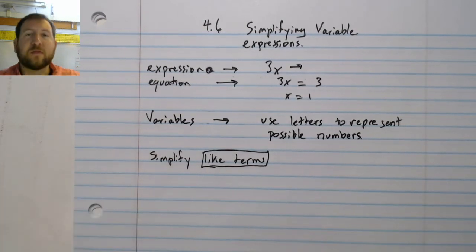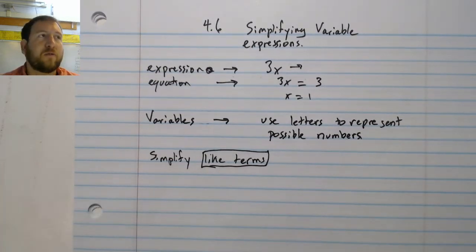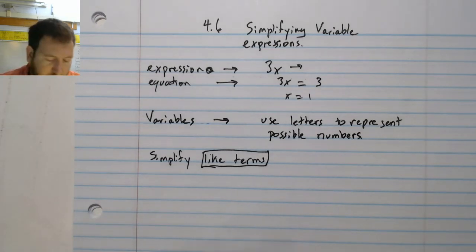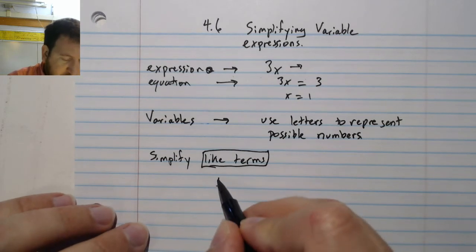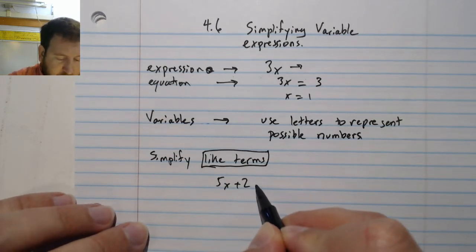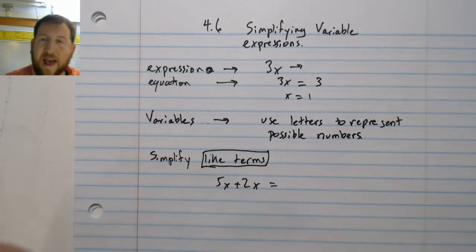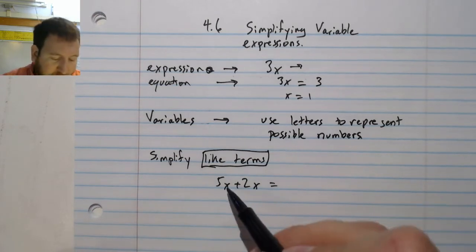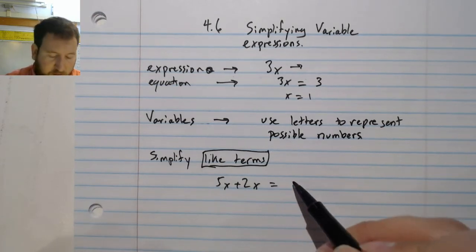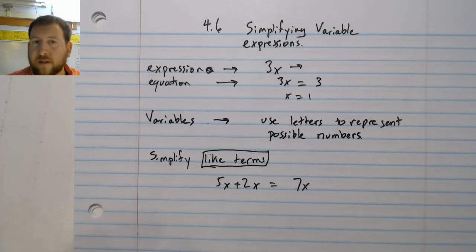And what like terms means is when we have two sets of variable expressions, we can only add them together if they are like terms. Let me show you what I mean. If I have 5x plus 2x, I can add those together because it's like saying 5 oranges plus 2 oranges is clearly 7 oranges.